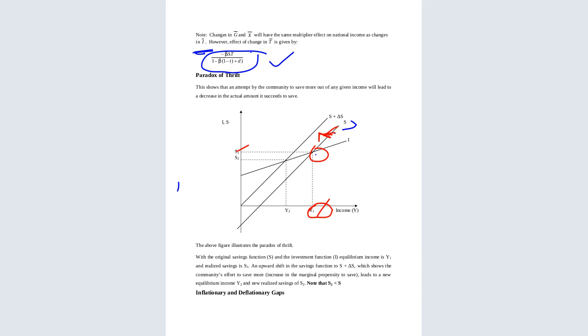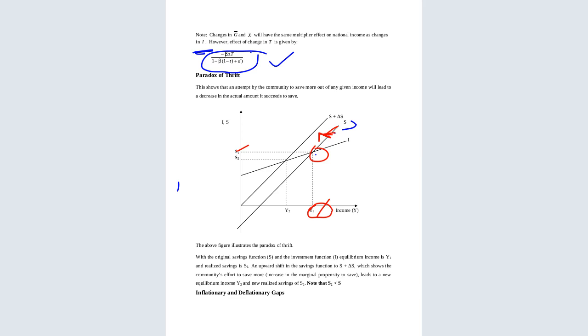So the savings function will shift from S to S plus S, as you can see when that function shifts. We said that equilibrium income is realized at the level where savings equals what? Investment.